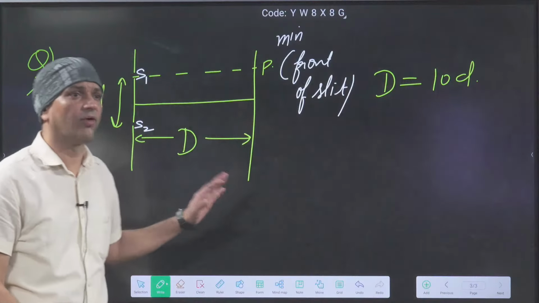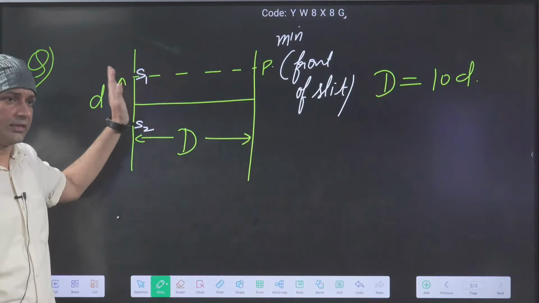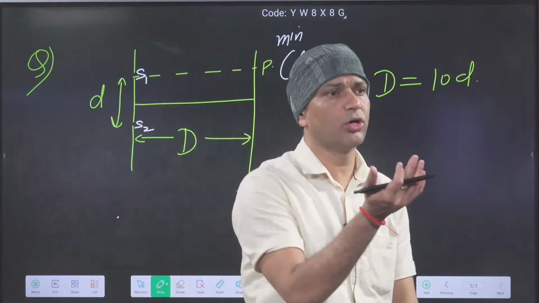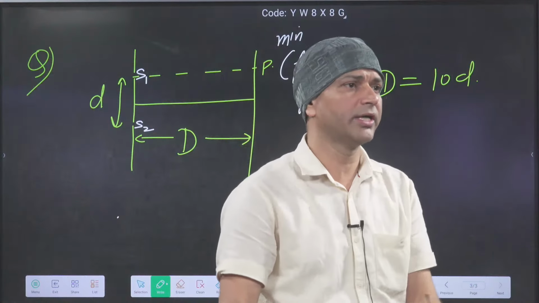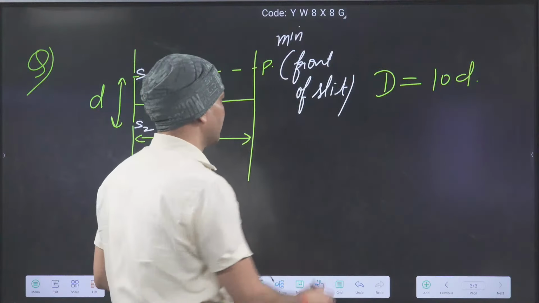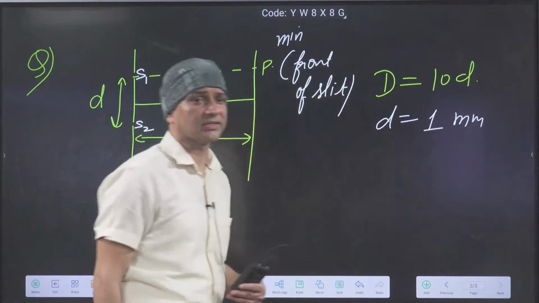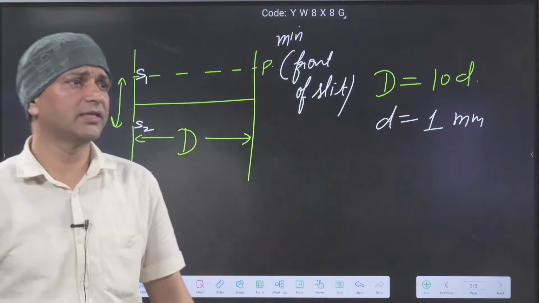Again, I am repeating: in YDSE, in front of the slit we are getting the minima. Then this value also I gave: capital D is equal to 10 small d. If required, small d we can take as 1 millimeter. Then I am asking what are the possible wavelengths we can use in this experiment.